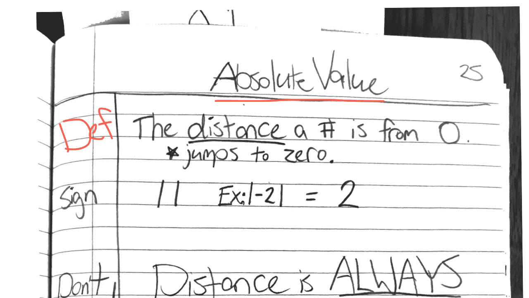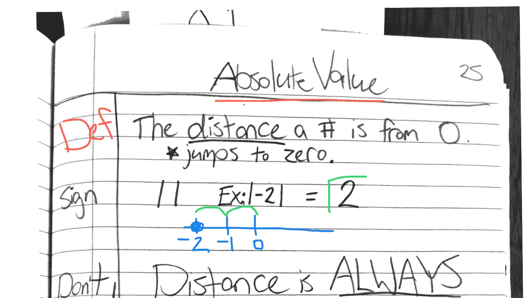If I had a number line here, our example is -2, and on my number line I have 0, -1, -2. If I want to find the absolute value of -2, I have to show the hops it takes me to get to 0. It's not -2 hops, it's 2 hops.